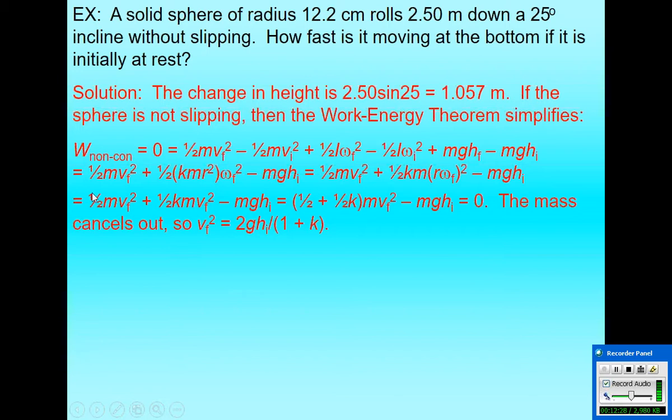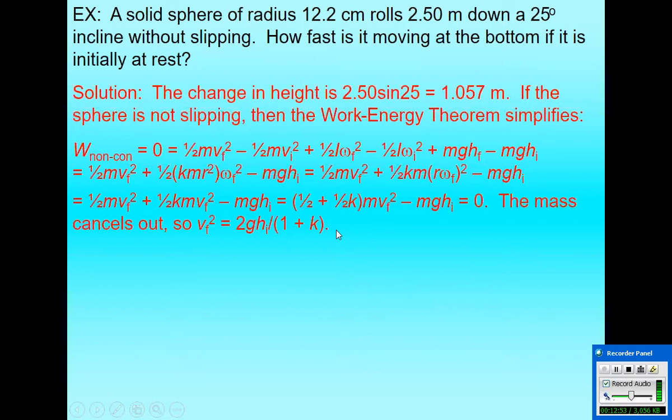So if we make that replacement, we get 1/2 m v final squared plus 1/2 k m v final squared minus m g h initial. We can play around with the algebra a little bit to solve for v final squared. We get v final squared is equal to 2 times g h initial divided by 1 plus k.